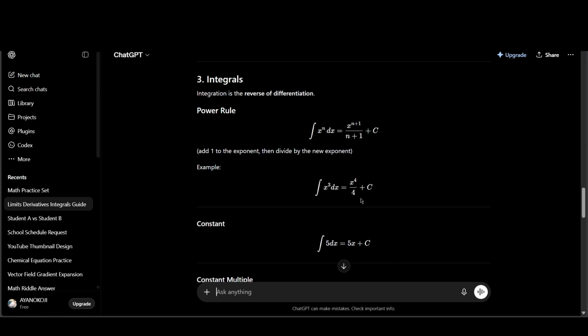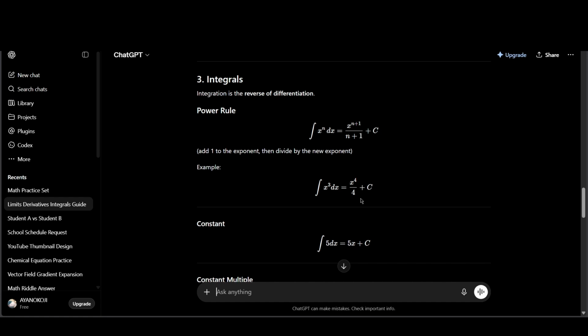You just copy the unknown variable, put an exponent on it, add 1 to the exponent, then divide it over the exponent plus 1 again, and then you add a constant, c.